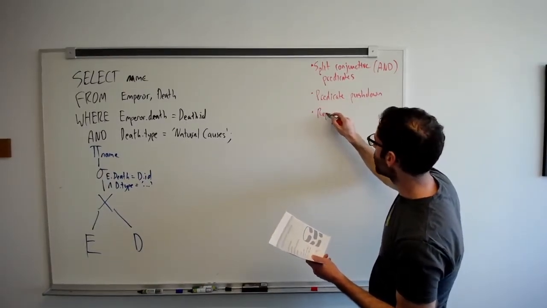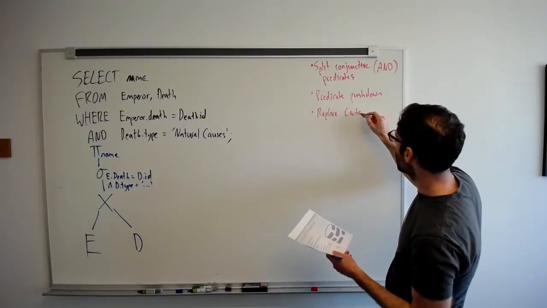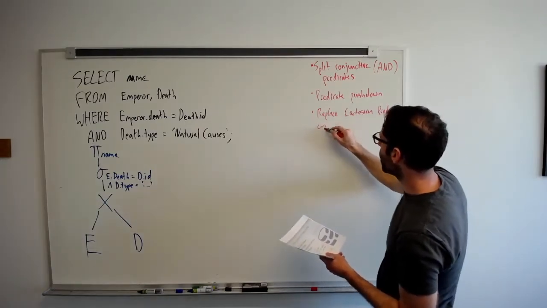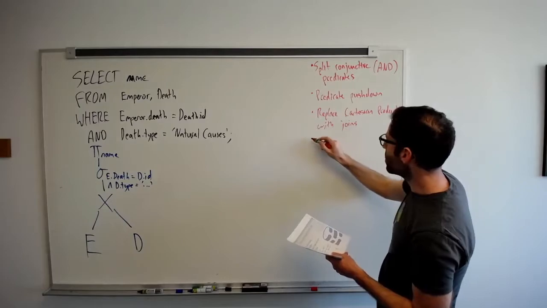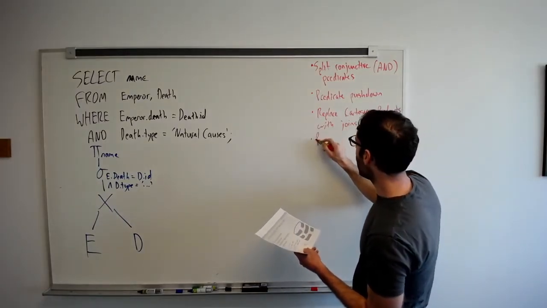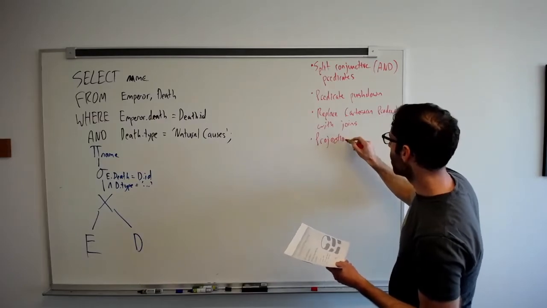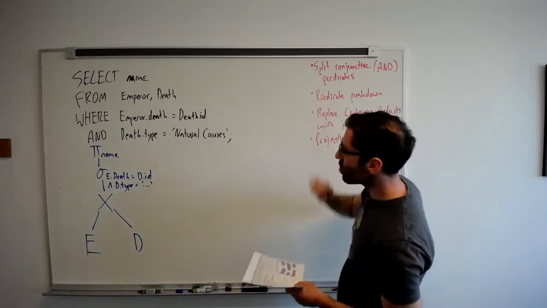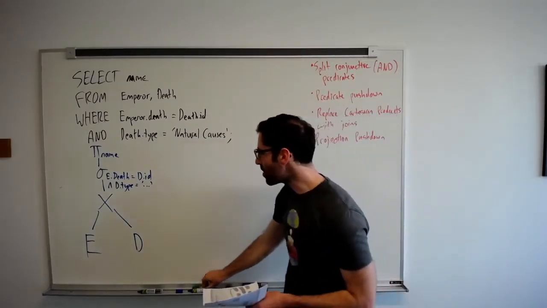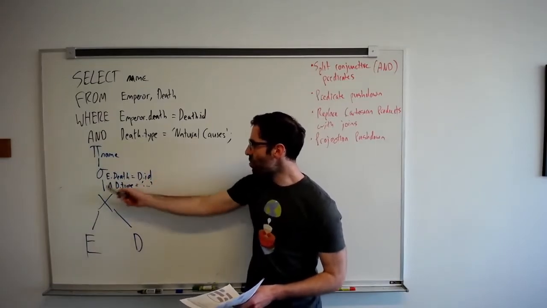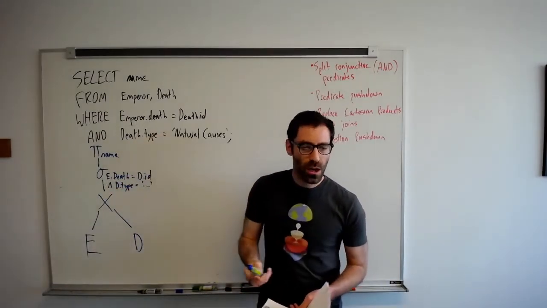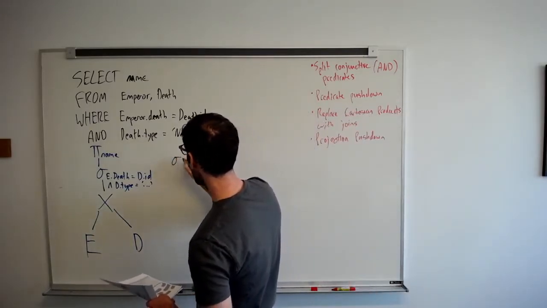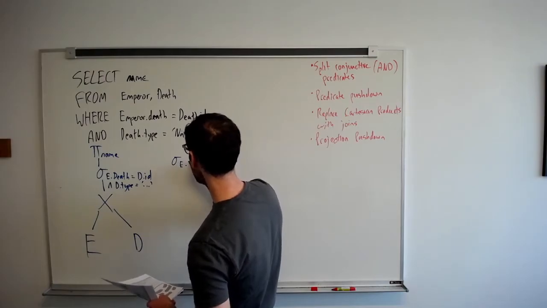We'll want to replace our Cartesian products with joins where possible, and also do what's called projection pushdown. So we'll start with splitting up our conjunctive predicates. That means we have this one selection that's a conjunction of both of our predicates. We can actually split that up into two different selects with each of our conditions.